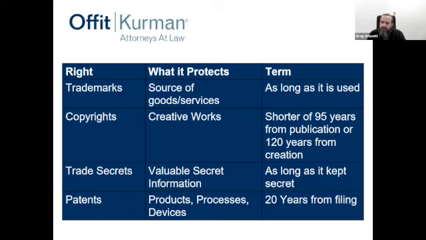One of the things you may have seen, I'm sure you have, is the T and an M versus the R in the circle. A T and an M indicates a common law trademark right, and that arises just by using it in commerce. You develop a product, you attach the logo or your brand to your literature, and you're using it in commerce, and that's all you need to do to get a common law trademark right.